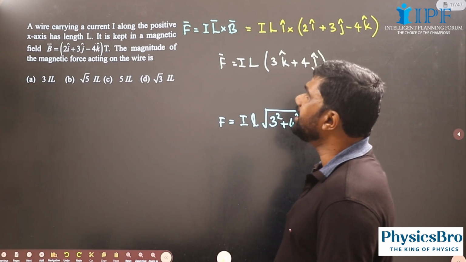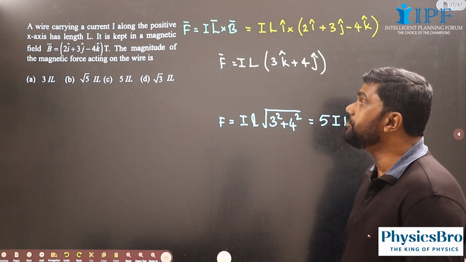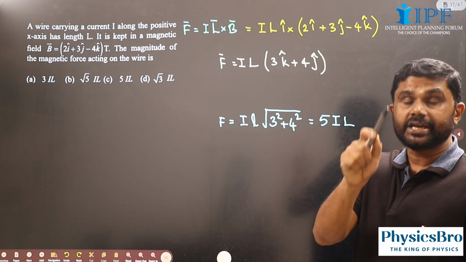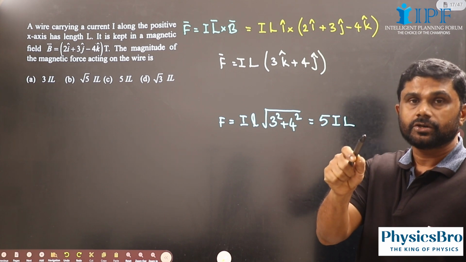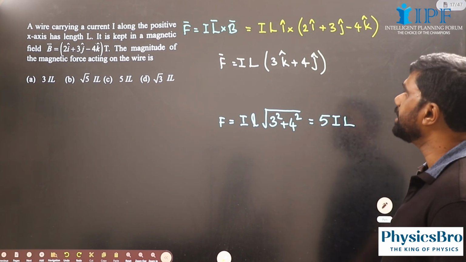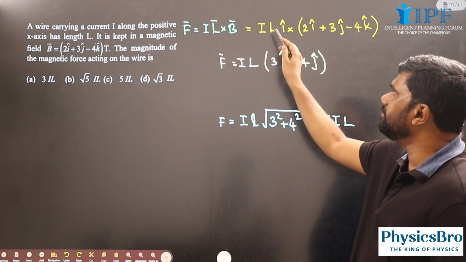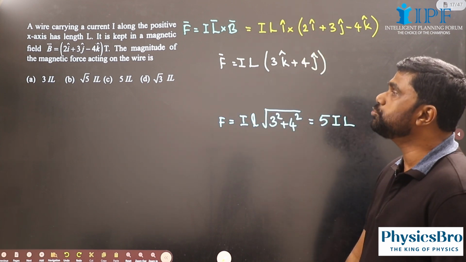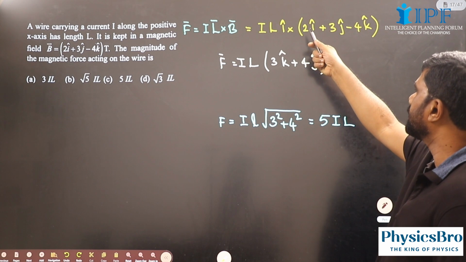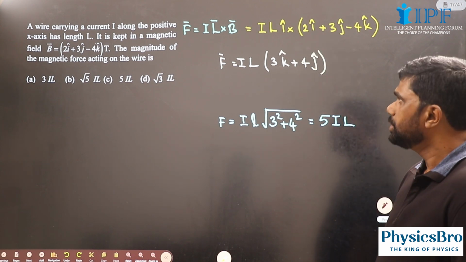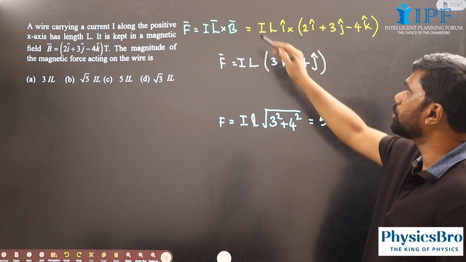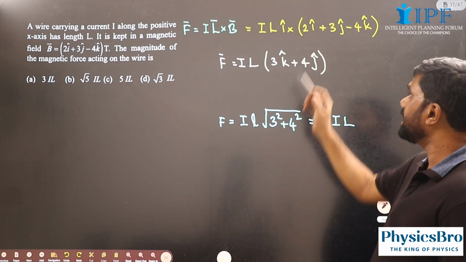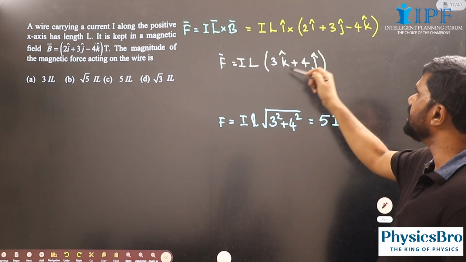A wire carrying current I along the positive x has length L. So the current element is directed along the positive x direction, or i cap. So current element IL will be IL i cap. The magnetic field is given as 2i plus 3j minus 4k cap. So F is IL cross B. i cross i is 0, and i cross j will be k, so 3k.